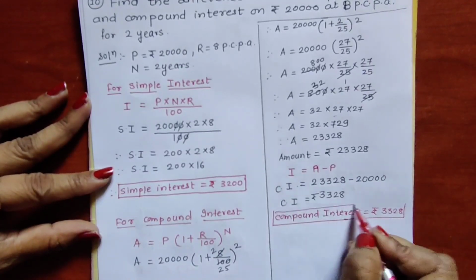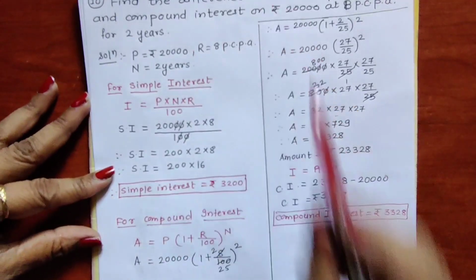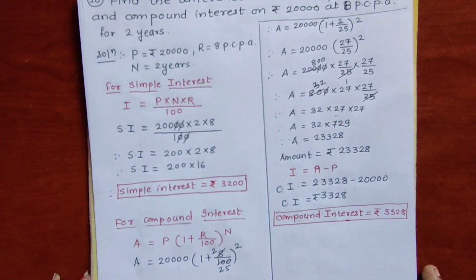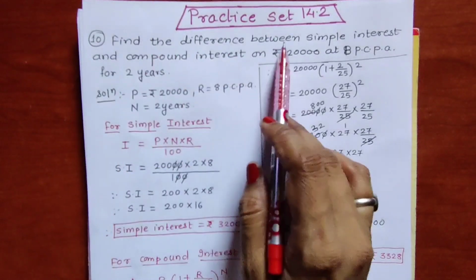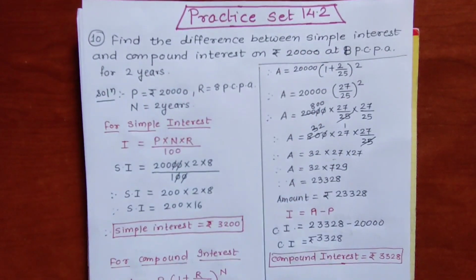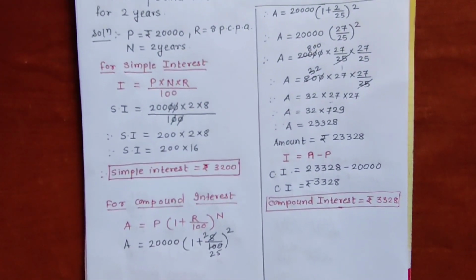Now what we have to find out, actually we have to find out the difference between compound interest and simple interest. The question is to find the difference between simple interest and compound interest. So difference means we all know it is subtraction.